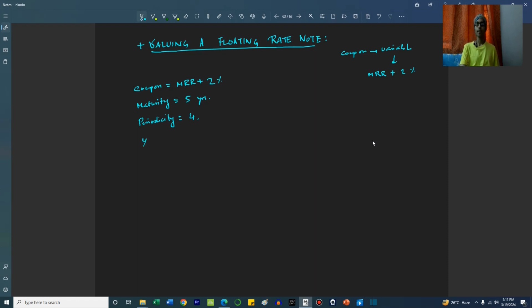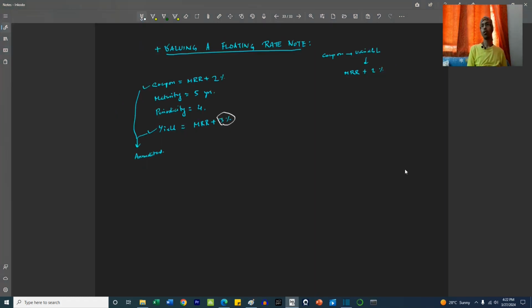The yield is also subject to the reference rate plus some percentage, let's say 3%. Okay. In this case, the yield is committed to be MRR plus 3%. This coupon and this yield are annualized figures. Also, let us assume that the par value or the future value is 100, right?